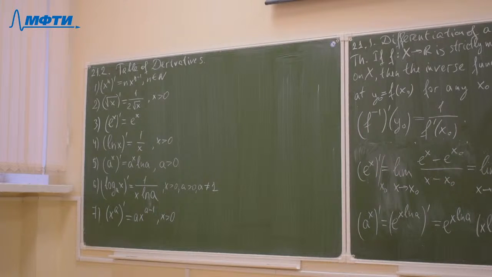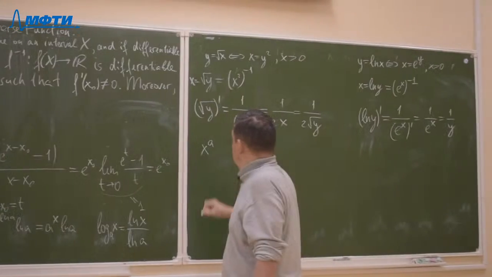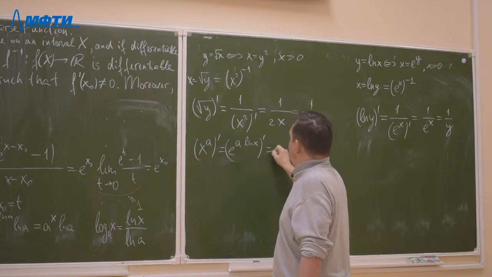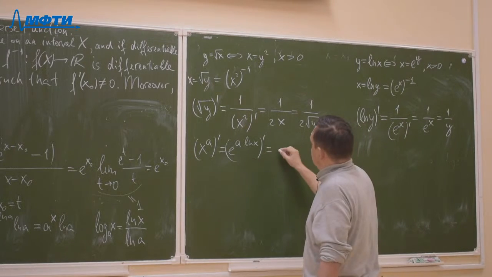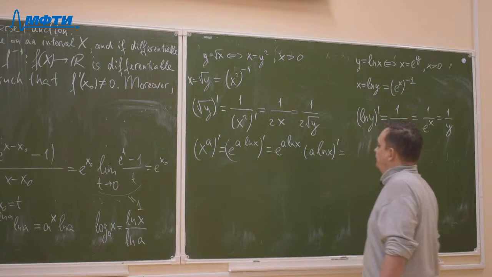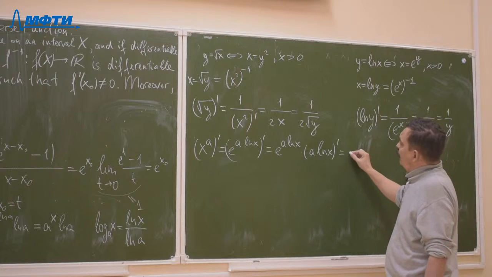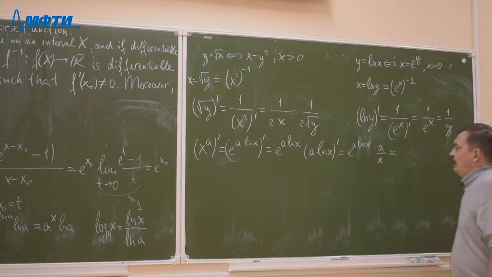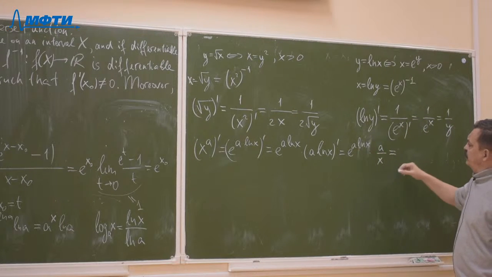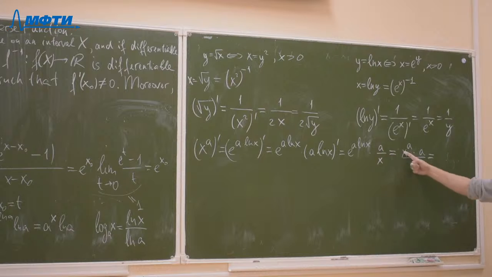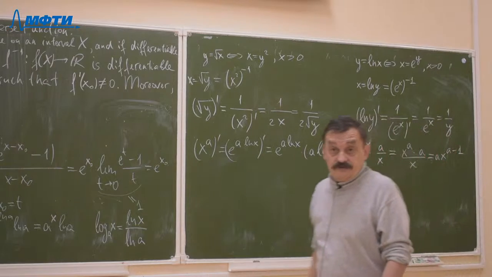Now how can we proceed here? x to the power a we can write as e to the power (a logarithm x), and again by the chain rule, the exponential function gives itself times (a logarithm x) prime, that is e to the power (a logarithm x) times a over x, and e to the power (a logarithm x) is x to the power a, and here we have x to the power a minus 1, so what we wanted, right?